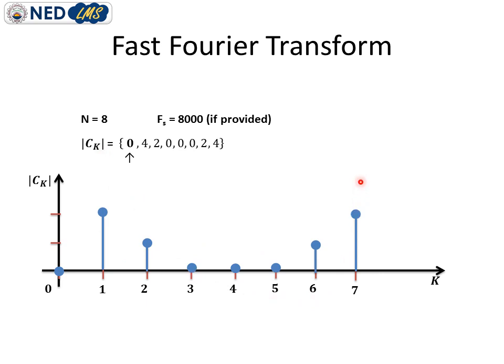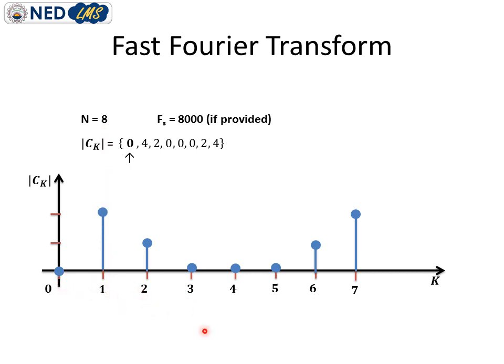This spectrum is not actually providing us the complete information, as some of these values are redundant. If N is equal to 8, then we have to consider only the first 5 samples, that is 1, 2, 3, 4 and 5.